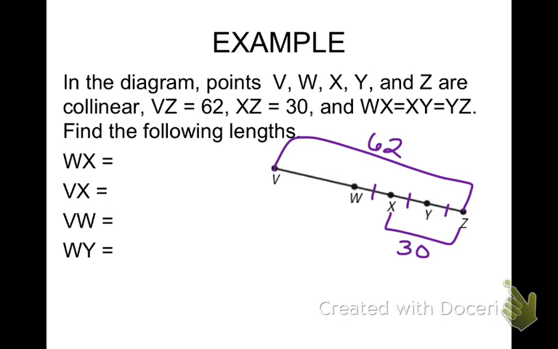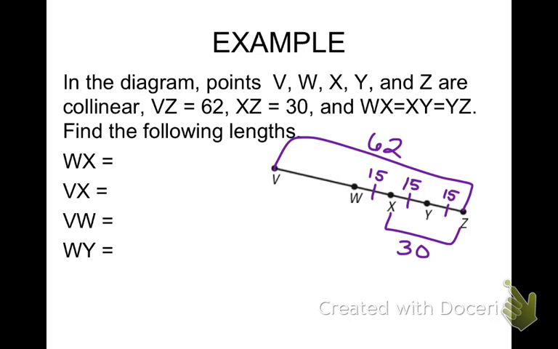So now let's start here at this little section. If X to Z is 30, that means this plus this needs to equal 30. And if this and this needs to be the same, what do they both need to be? 15. Good. So I'm going to put a little 15 at XY and a 15 at YZ. Well, up here it told us that WX is also the same length, so that would also be 15.